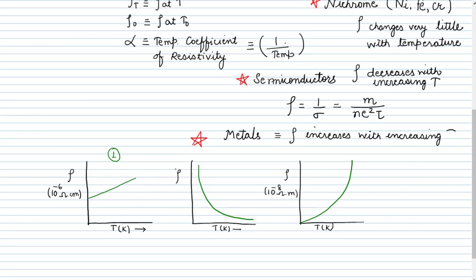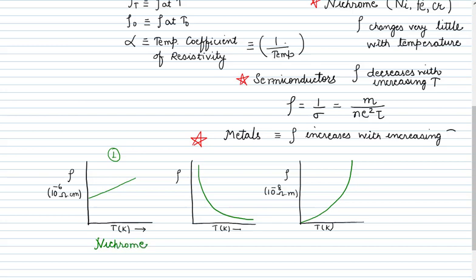So this should obviously be our nichrome, because the value of rho changes very little with the temperature. So we can say that this is the resistivity of nichrome as a function of the temperature. Here we have taken the absolute temperature in Kelvin. So this is for nichrome. There is a slight variation in rho.